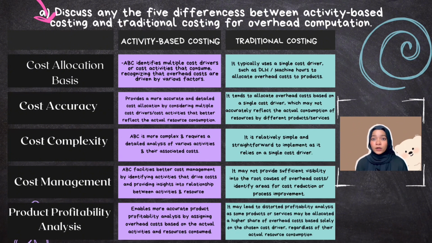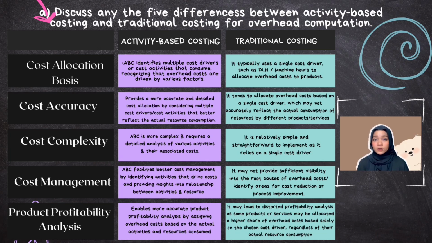We move to cost management. Activity-based costing facilitates better cost management by identifying activities that drive costs and providing insights into the relationship between activities and resource consumption. It helps identify cost reduction opportunities and supports process improvement efforts.